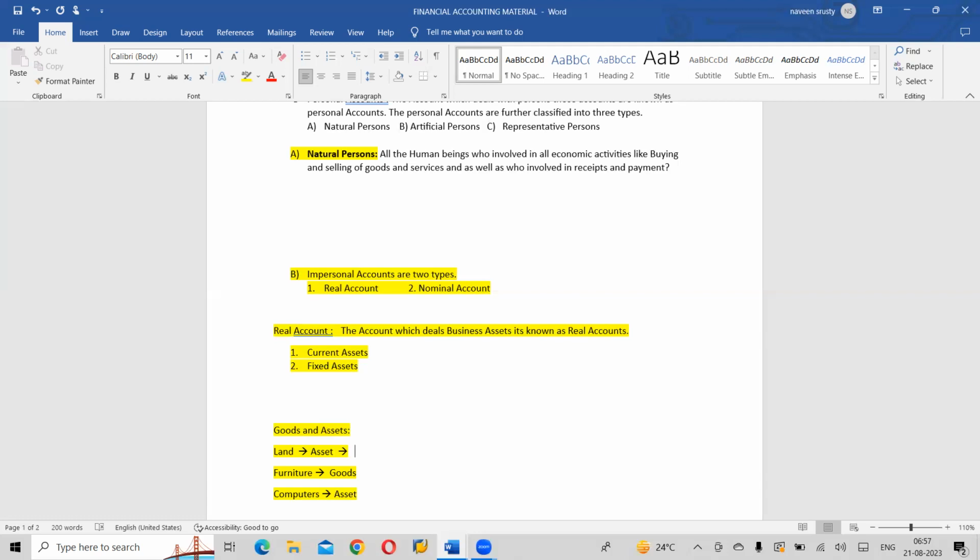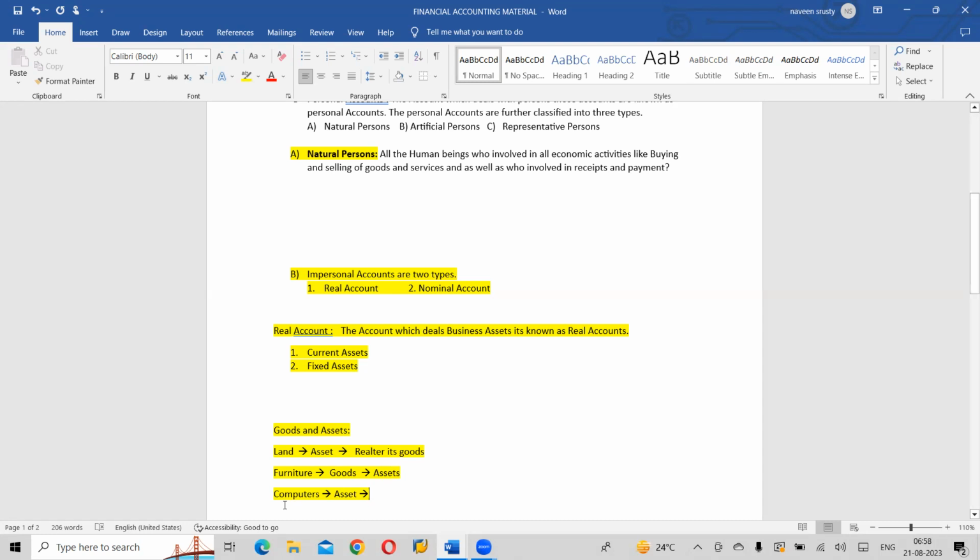He will buy the land and he will sell it to other people. So for a realtor, it's a good. And same thing we already discussed, if a realtor has purchased furniture, the nature of business is buying land, selling land, then it will become an asset again.